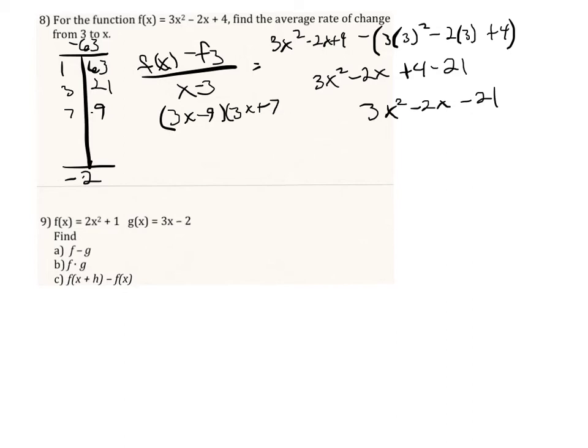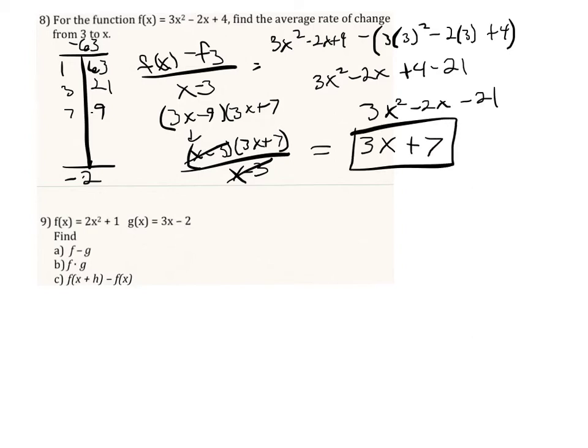So this simplifies to x minus 3 and 3x plus 7. And that ends up going over our x minus 3. So the x minus 3's can cancel, and our final answer becomes 3x plus 7. Alright. For number 9 here, we've got 2x squared plus 1, and g of x equals 3x minus 2.